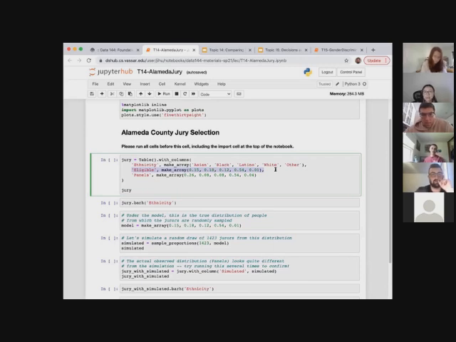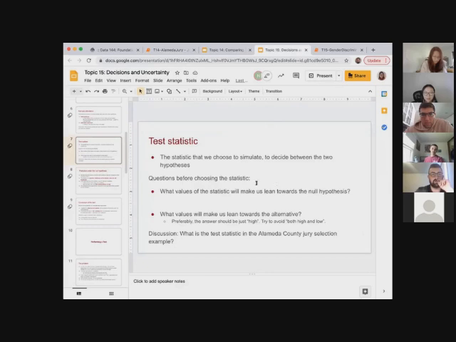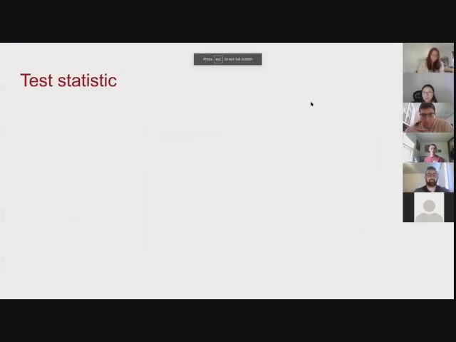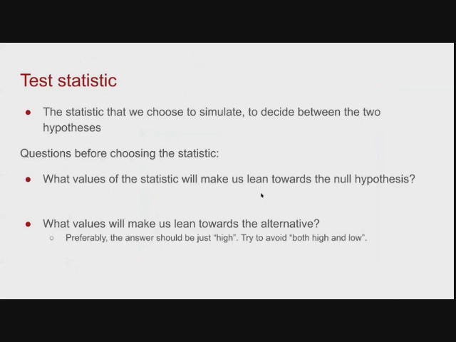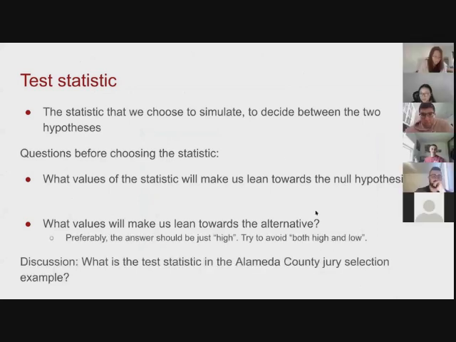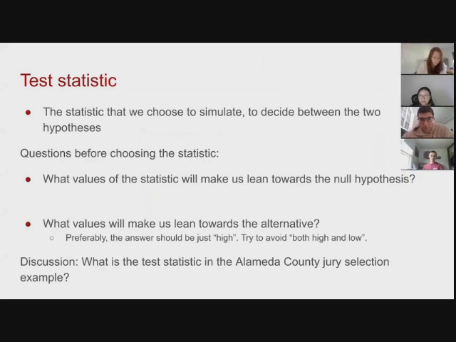So this is, hopefully, a reasonable and sense-making example of what we mean about the test statistic. We really want to pick something that we can use to make a decision. In particular, we want a statistic where some values lean towards the null, and other values help us lean towards the alternative.